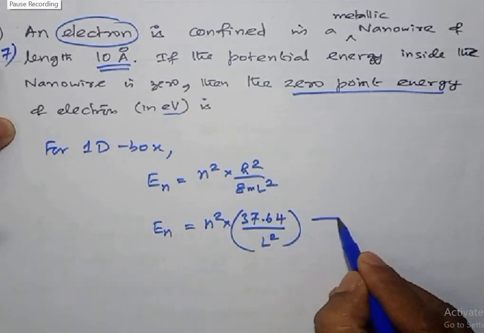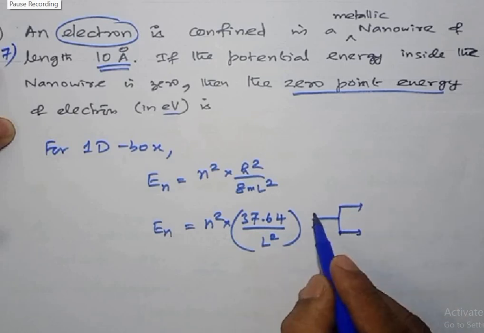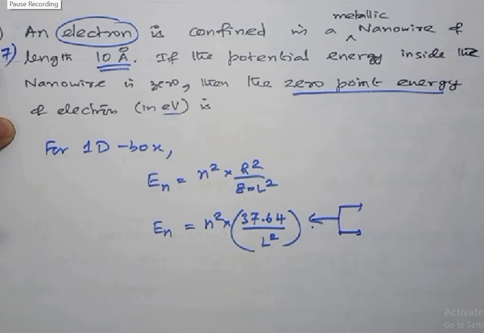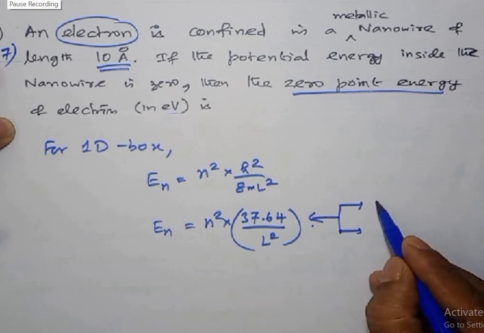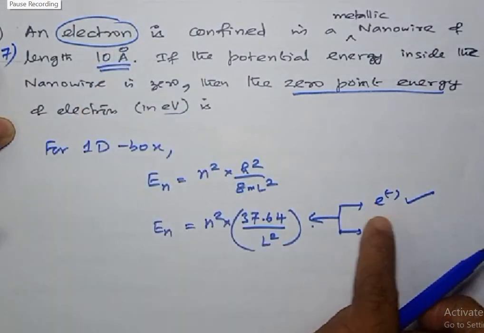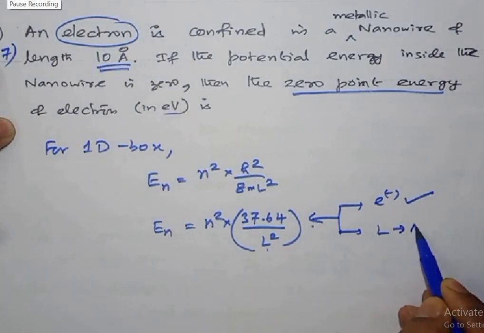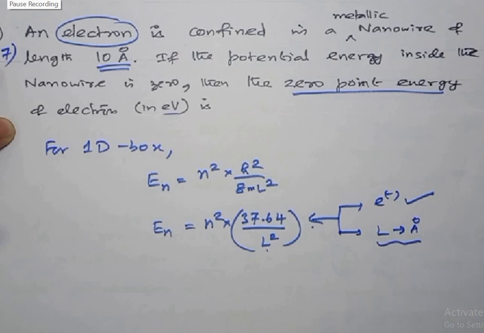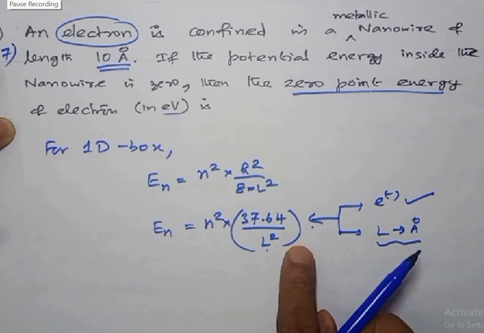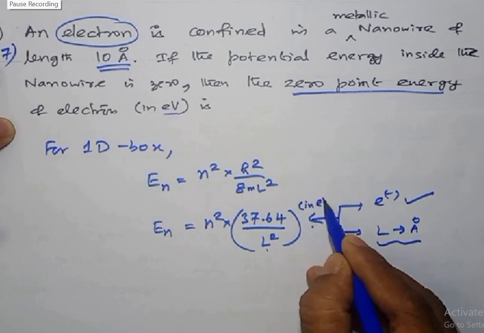Here, there are two important conditions for using this formula. First, this formula is applicable for an electron. Second, length should be in angstrom unit, so that you will get the energy directly in electron volt.